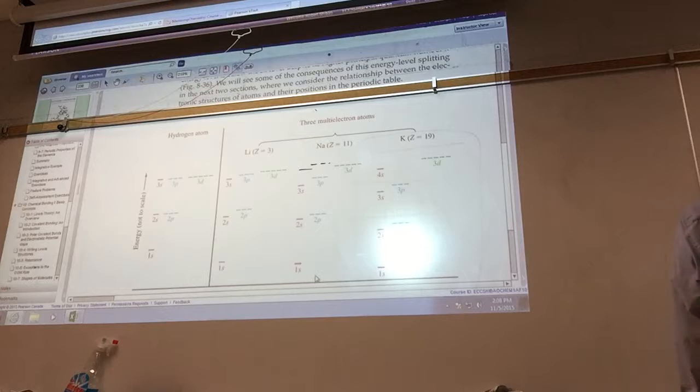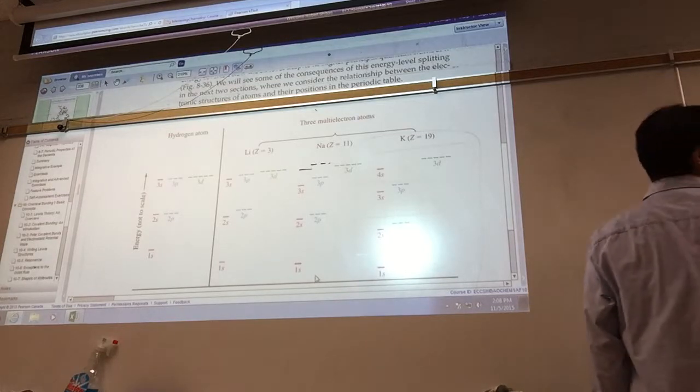And then slightly higher in energy than the 2s are the 2p orbitals. I'm going to draw them over here, because the l is equal to 0 over here, l is equal to 1 over here, so this is a p orbital. And so we're going to have 2, 1, negative 1, 2, 1, 0, and 2, 1, 1.